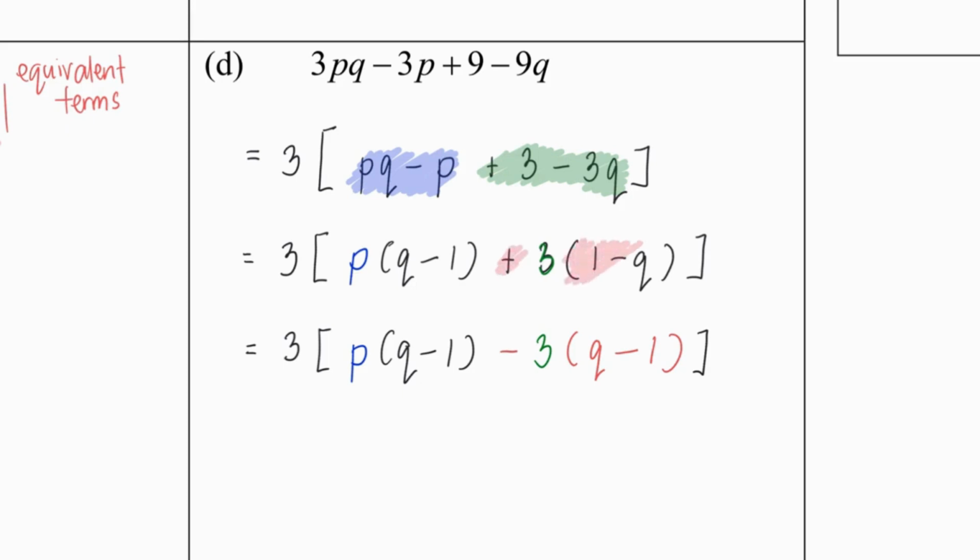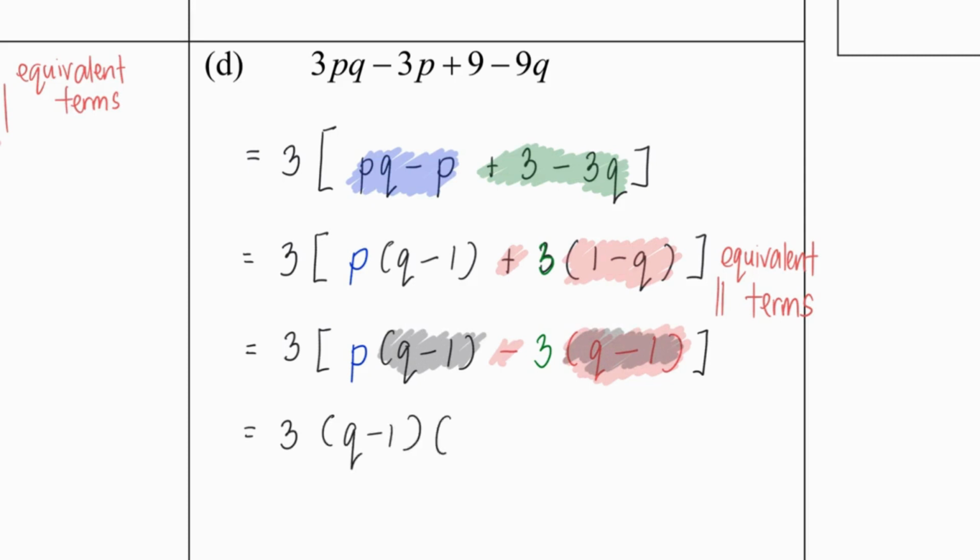The positive 1 minus Q and negative Q minus 1. What are they called? Yes, they are called equivalent terms, which I'm going to just write down here as well. And finally, I would then be able to factorize by taking out this Q minus 1 as the common factor, and I'm left with P minus 3.